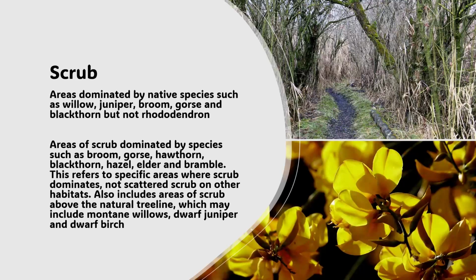But these are areas where you have a variety of gorse, broom, hawthorn. You can see there's quite a list here of species that we'd be looking to categorise here. Important that this doesn't include species like rhododendrons, so there is a separate category for invasive and non-native species that I'll come to towards the end.